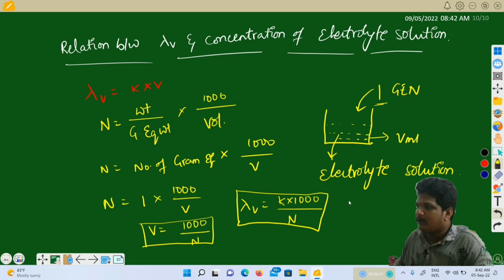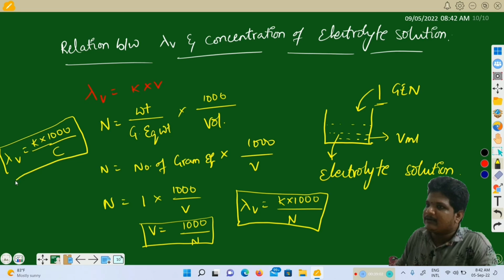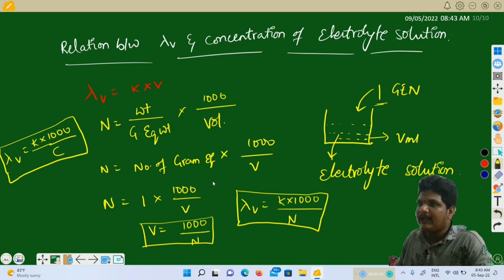It can be represented as lambda V is equal to kappa into 1000 by C, where C is the concentration of the electrolyte solution. This is the relationship between the concentration of the electrolyte solution and equivalent conductance. Is it clear?